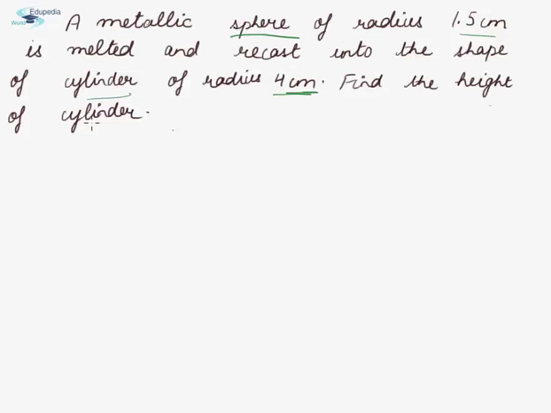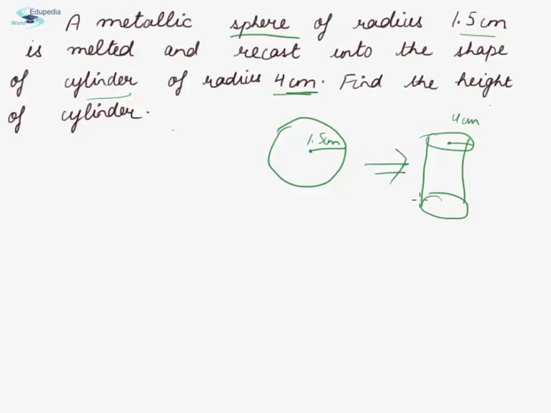Find the height of cylinder. So friends, we originally had a sphere with radius 1.5 cm and we have converted it into a cylinder of radius 4 centimeters. We want to know the height of this new cylinder.